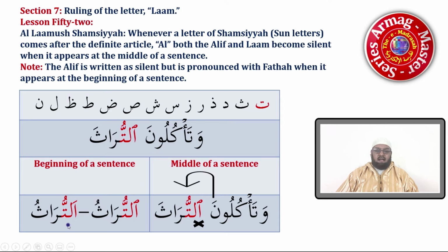Like we said, this example will not be in the Quran, the previous one will be in the Quran. But because we understand the rule, we know that we have to put a fatha above this alif and we say at-turathu. Okay? So let's see some more examples.